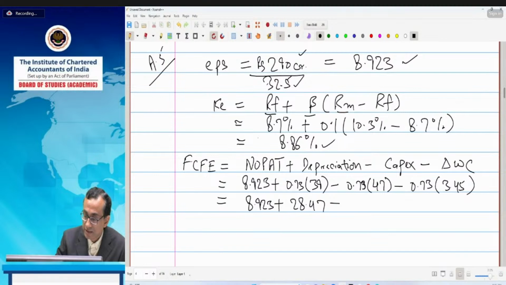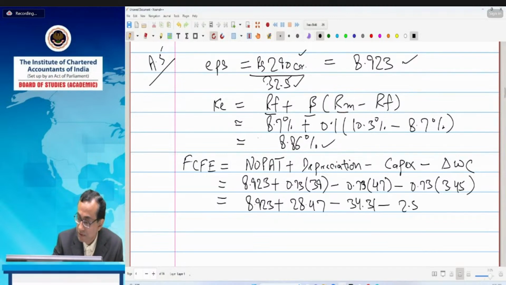Depreciation will be added. Then capex, it will be 47 into 0.73, 34.31, minus working capital 3.45 multiplied by 0.73. It is 2.5185, 2.51.